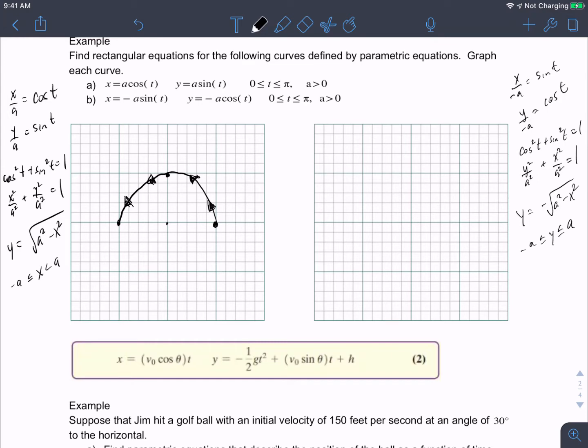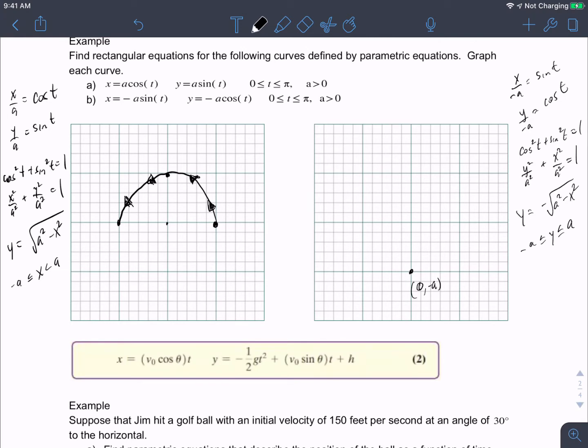Cosine of 0 is going to give me a negative a. But that's my y value, so that's here. So I'm going to get 0, comma, negative a.